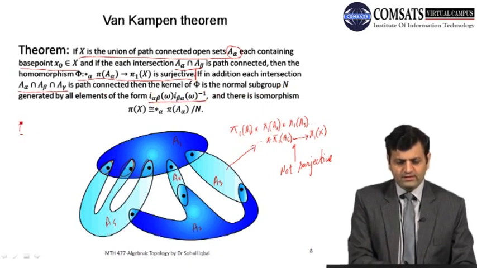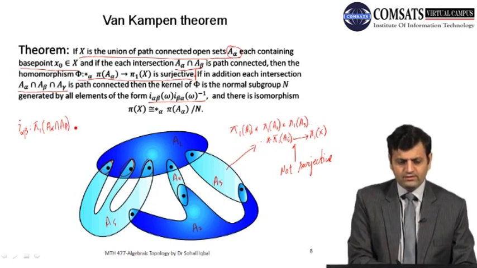Basically, I alpha beta is a map from pi 1 of A alpha intersection A beta to pi 1 of A alpha, and I beta alpha is a map from pi 1 of A alpha intersection A beta to pi 1 of A beta.